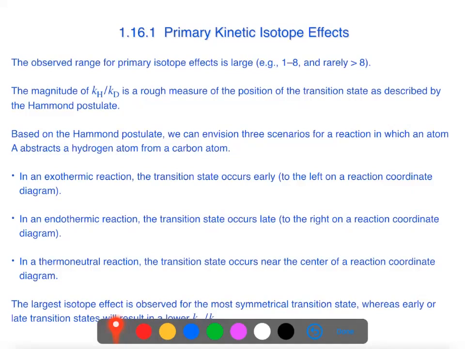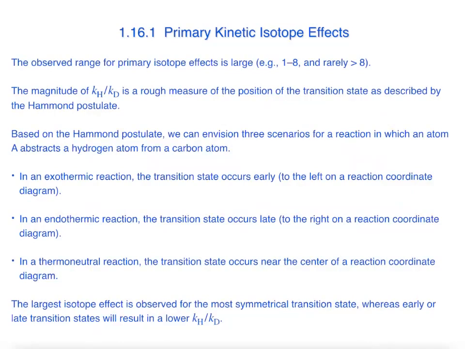And in a thermoneutral reaction, the transition state occurs near the center of a reaction coordinate diagram. The largest isotope effect is observed for the most symmetrical transition state, and we'll see that that is the thermoneutral reaction, whereas early or late transition states generally result in a much lower ratio, or KH over KD.